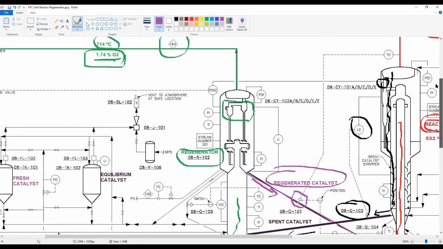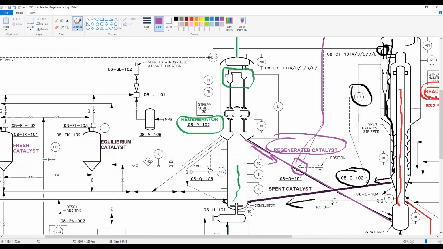If you see here in the reactor, in the vapor line, you see the temperature control acting on this valve, okay? That is the regenerated catalyst to the reactor. Remember that this catalyst contains a very low amount of coke, less than 0.05% weight, and it's quite hot. So it will vaporize our feedstock and also will provide the heat for the reactor.